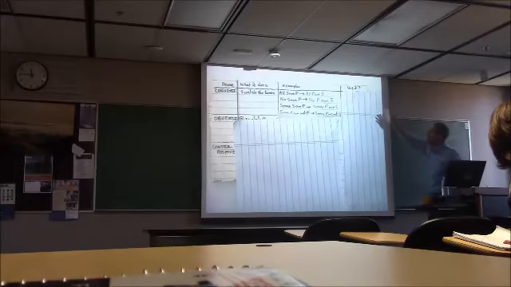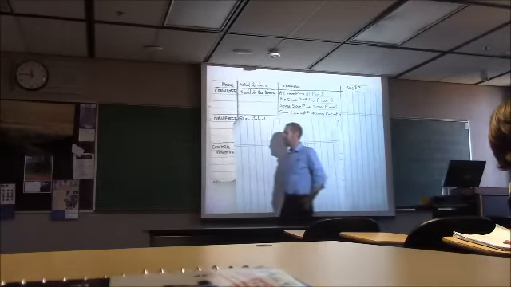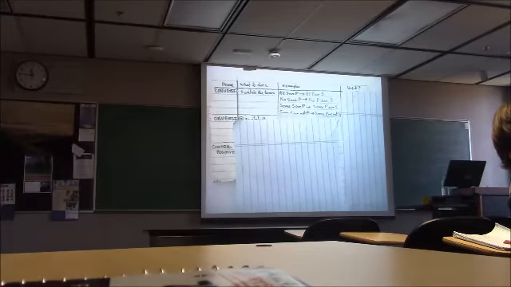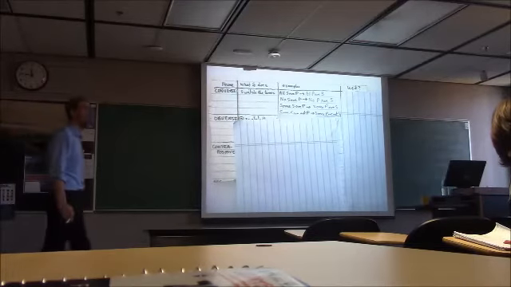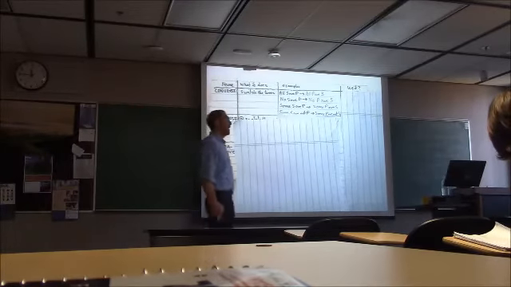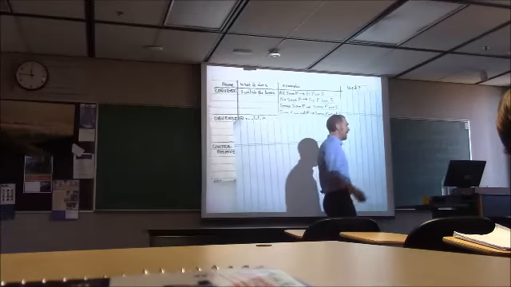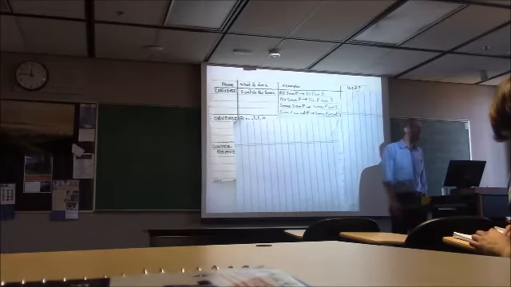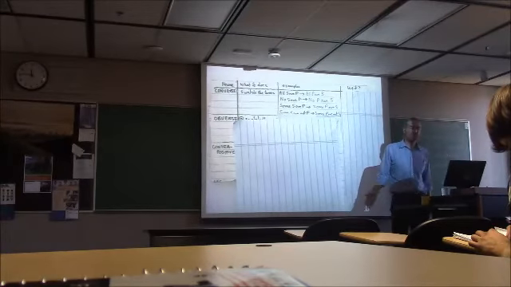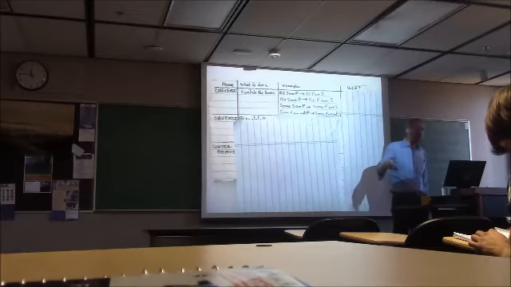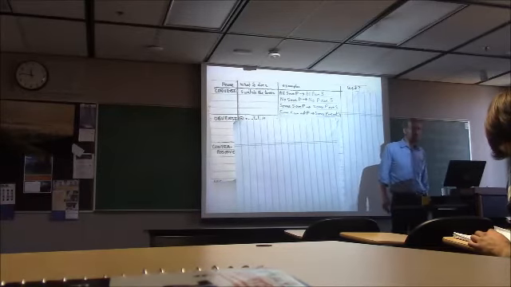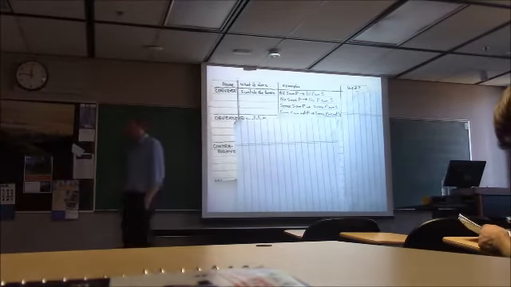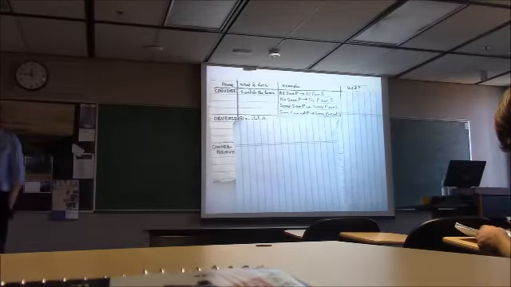Now, this last column asks whether or not the function is legitimate. A function is legitimate if it preserves the truth value of the original, of the input. So converse is legitimate if you start with a true categorical proposition and the product is true, the converse is true, in all possible circumstances.